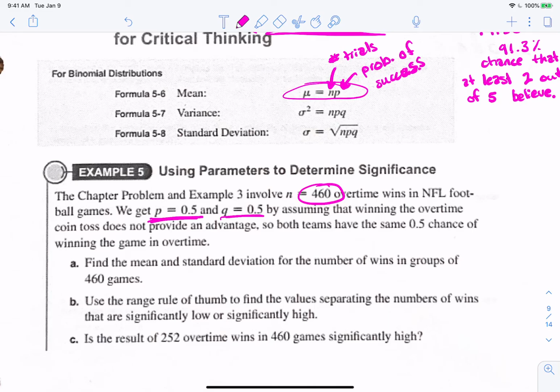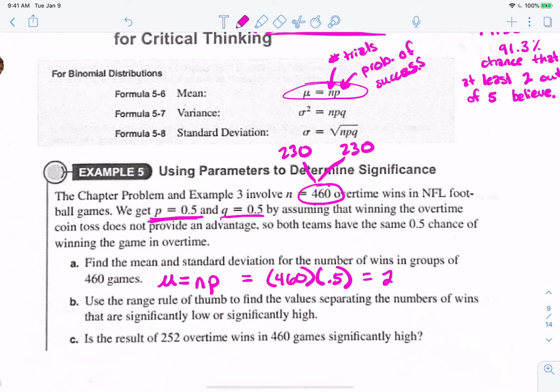Since it's 50-50, 50-50 of 460 would split it into 230 and 230. That is the average. We compute it because mu is equal to n times p, which is 460 times 0.5. I'm just taking half of 460, which is 230.